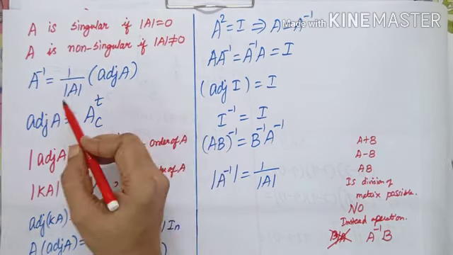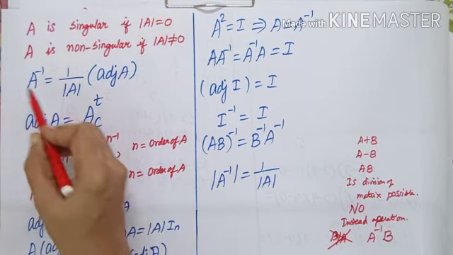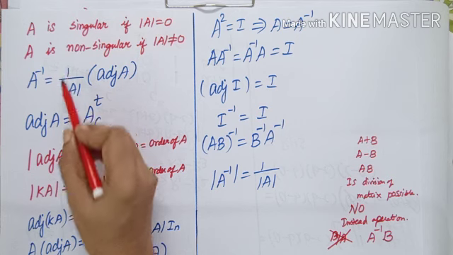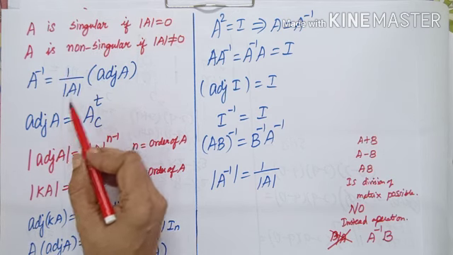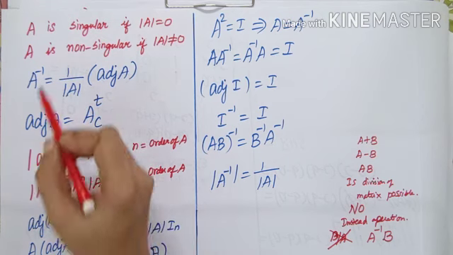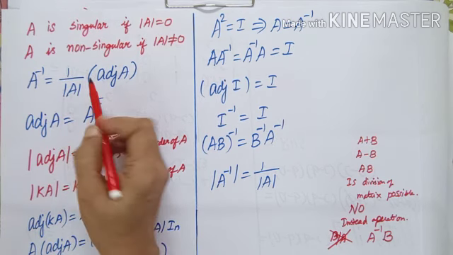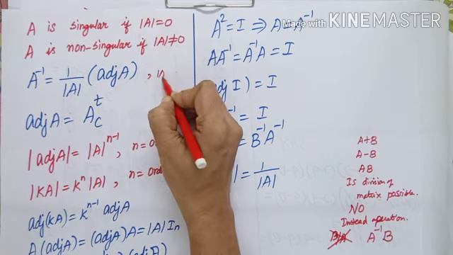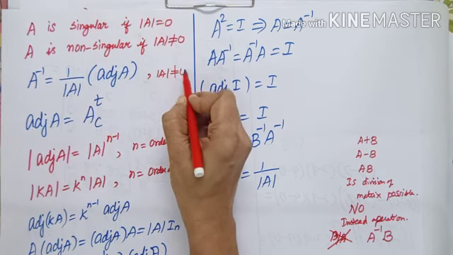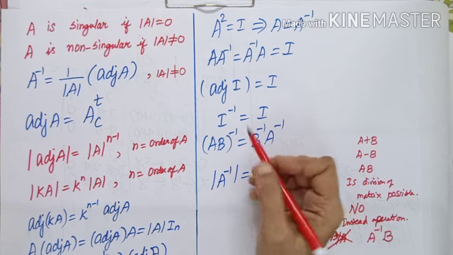Suppose determinant is 0. Can I find A inverse? What is A inverse? 1 by determinant A. 0 should not come in the denominator. So whenever I write A inverse, I will say determinant A, which comes in the denominator, should not become 0.